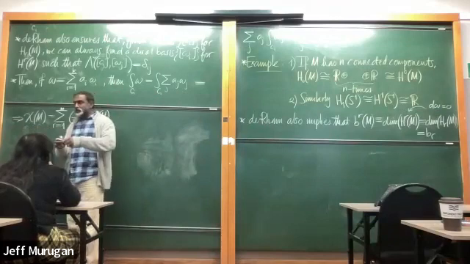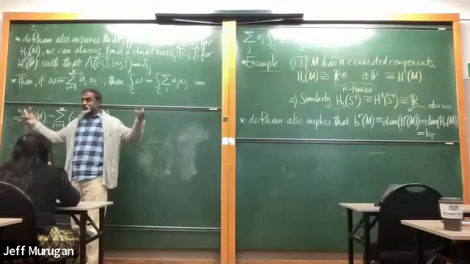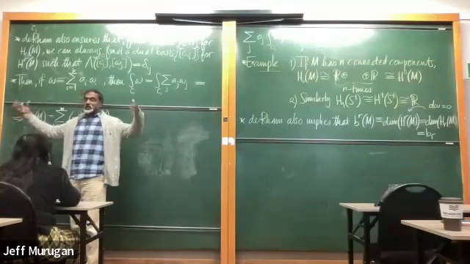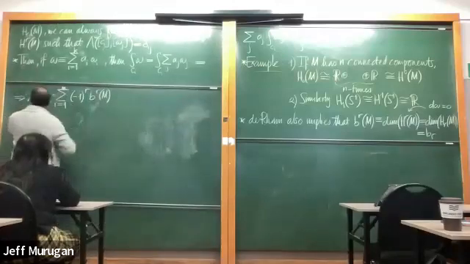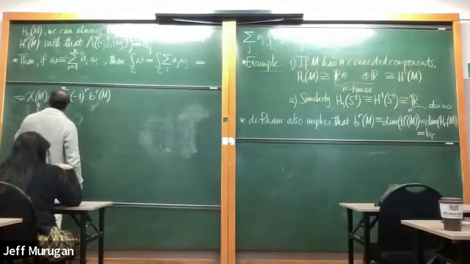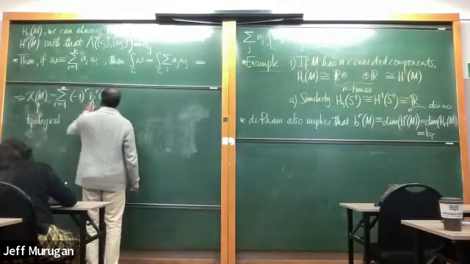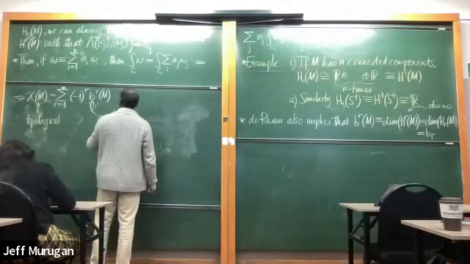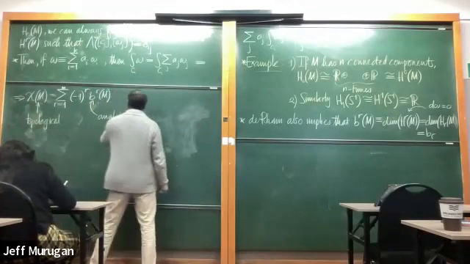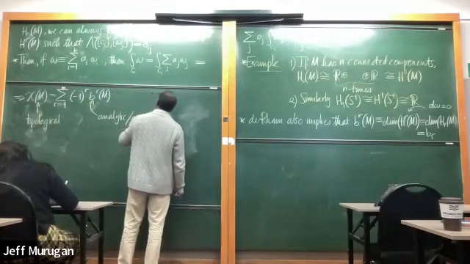Remember, it's the alternating sum of r-chains of the manifold. So you look at points, you look at lines, you look at curves, you look at surfaces, you look at volumes. These are extensive objects. So the thing on the left-hand side is topological, and the thing on the right-hand side is analytic, a statement about geometry.